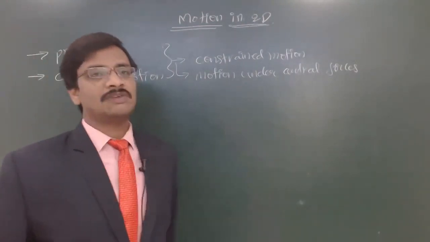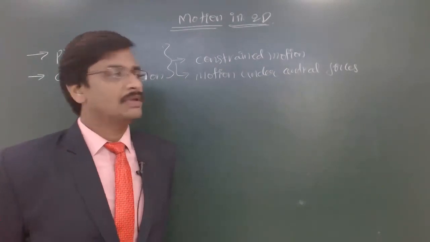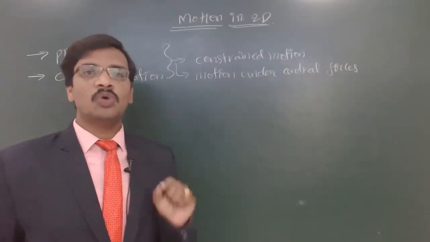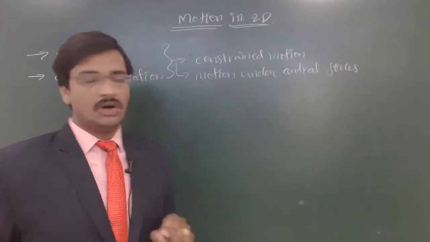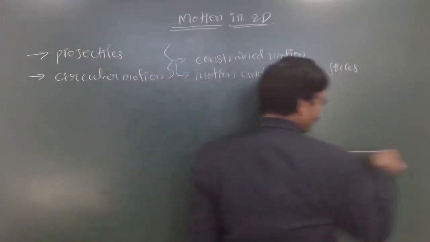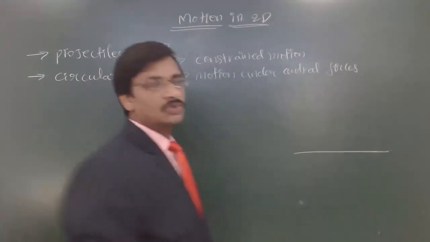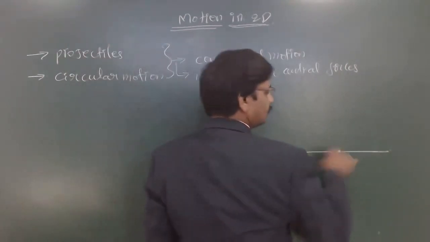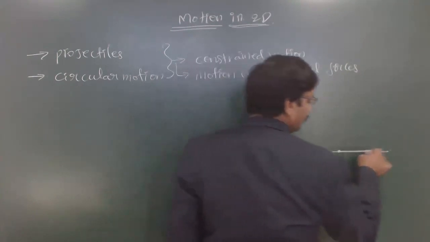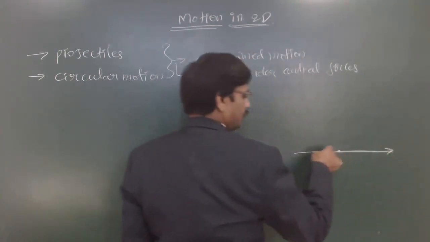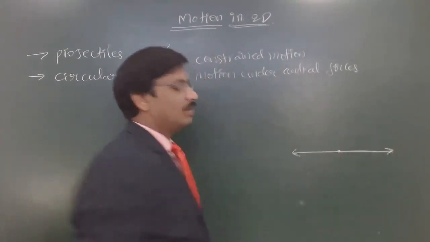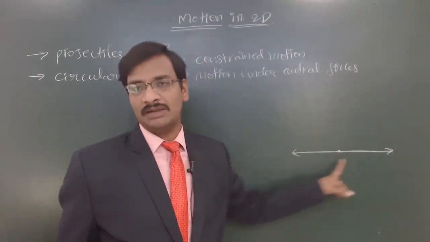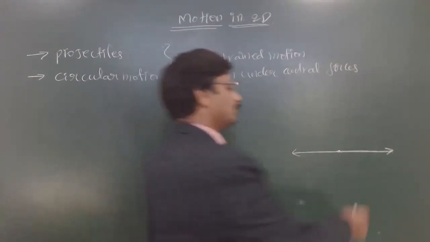As I explained earlier, one-dimensional motion is displacement in only one direction, that is, only one dimension is sufficient to describe the complete motion of the particle. Suppose a particle is taken in this way, then it can go in this direction or in this direction, but it will always stay in the same line. This is one-dimensional motion.